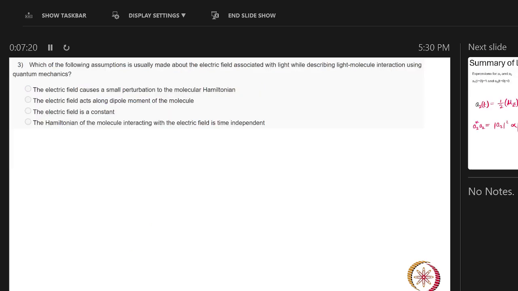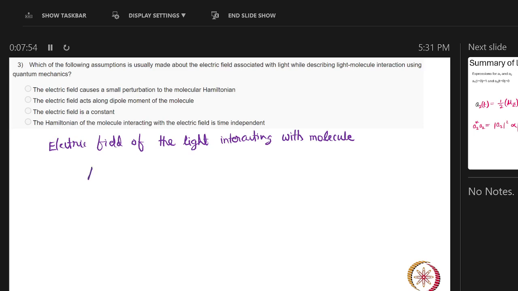Let's see the second question. We saw that the electric field of the light interacts with the molecule, correct? So you have an electric charge q, and the dipole moment interaction can be given by minus q dot E, correct?